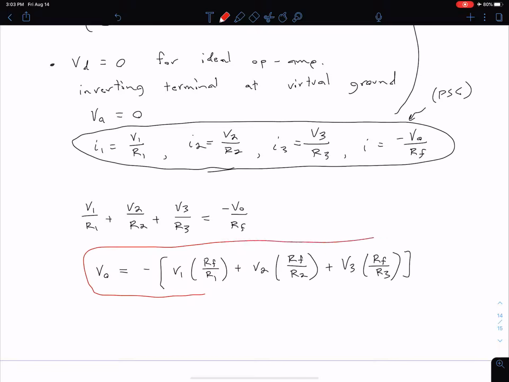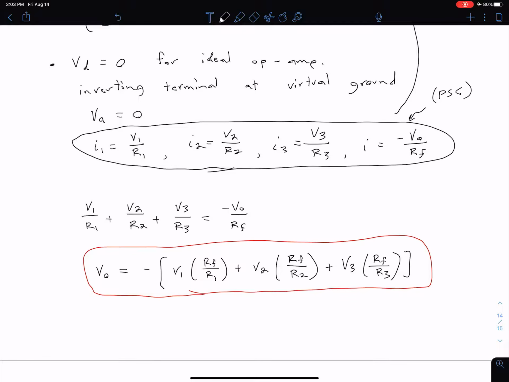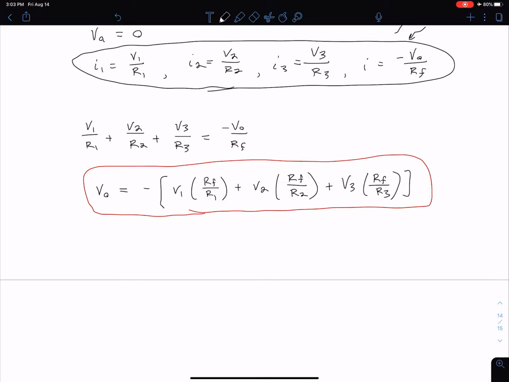And so we see it's satisfying our gain because we have our output over there on the left and our various inputs on the right being multiplied by certain constant values. And so what we notice if we look at this is that our output is a weighted sum of our inputs.